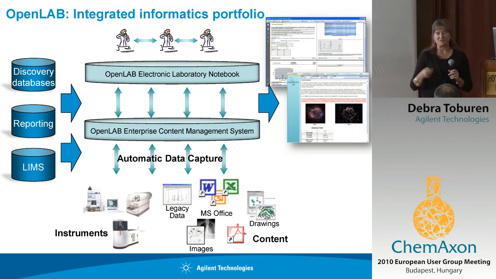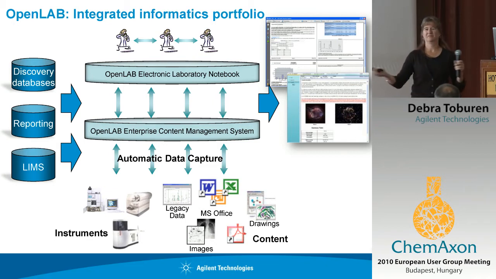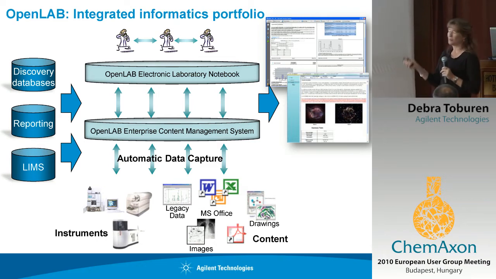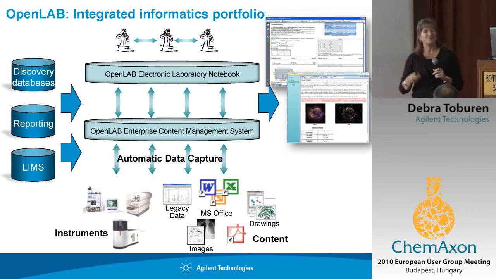But as our instruments are pulling all sorts of data and generating lots of data files, customers need some place to put that information. So looking at enterprise content management and OpenLAB ECM, which is in the middle here, bringing all that information automatically into a central repository, and then building on top of that with OpenLAB Electronic Lab Notebook to integrate your experiment information.